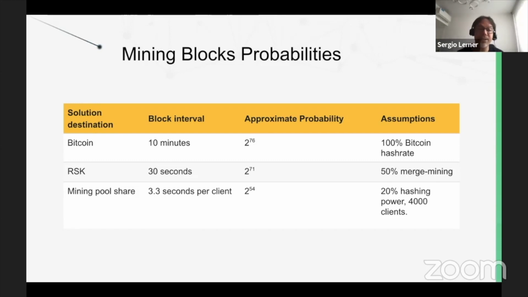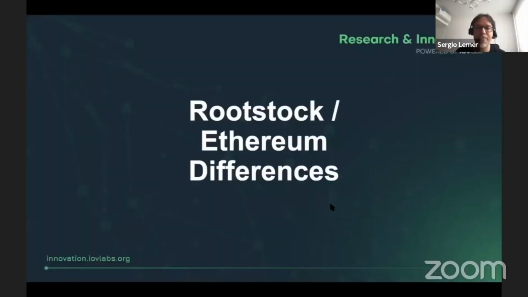And below that is the mining pool share. If you know a little bit of how mining pools work, there are certain headers that are mined at lower difficulty that are used for accounting, right? And this has a much lower difficulty than the Rootstock block. So essentially, we don't have to stress the Bitcoin mining network for mining Rootstock blocks.